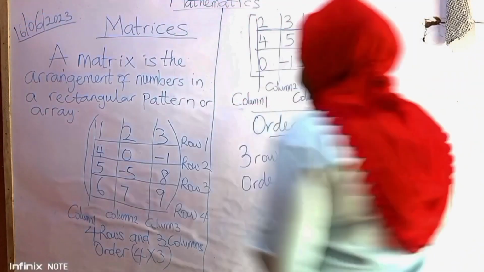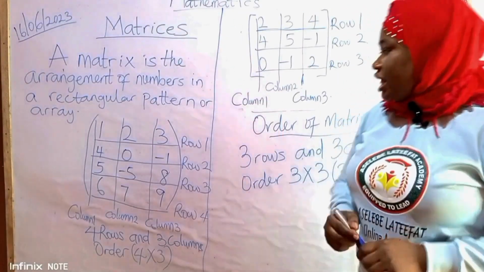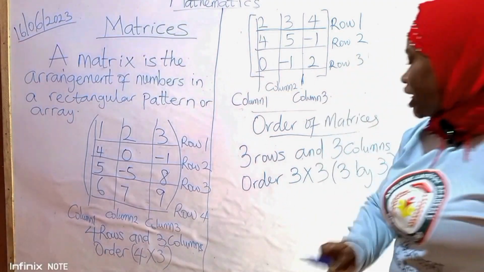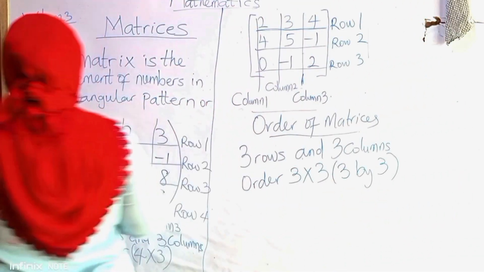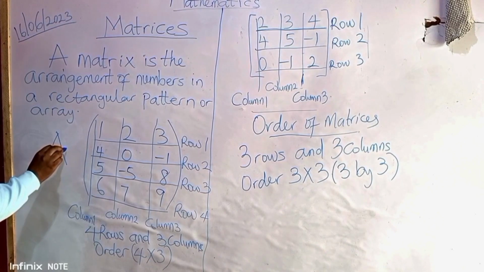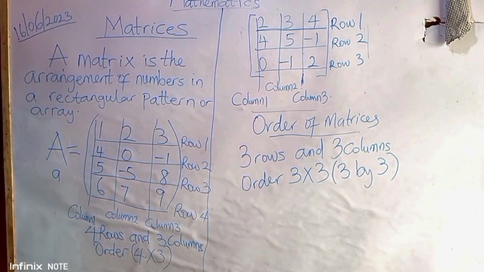So, after getting the order of any matrix, it is important for you to know that we use a capital letter to denote a matrix. So if I want to talk about this matrix, maybe I say this is matrix A. I'm not going to write this in small letters.